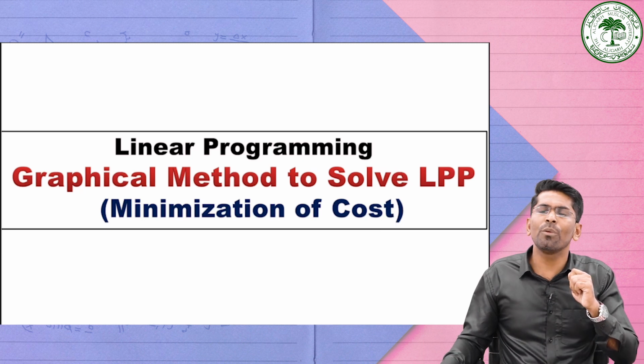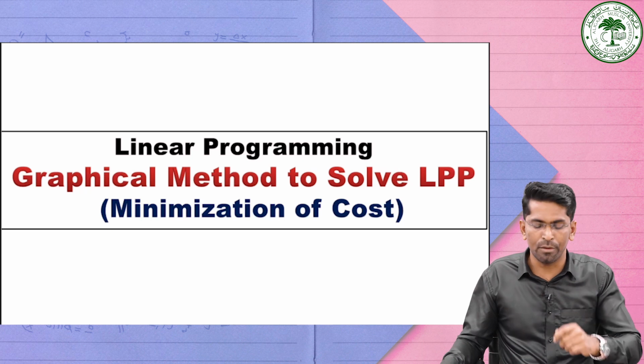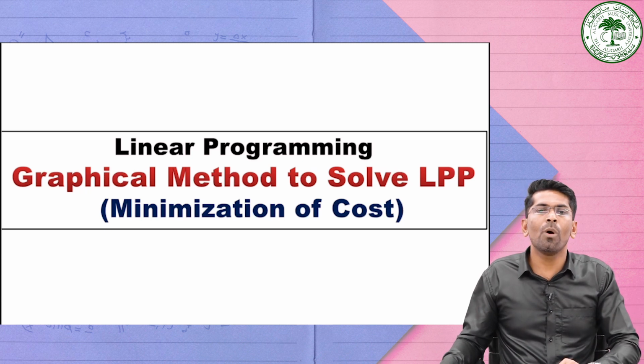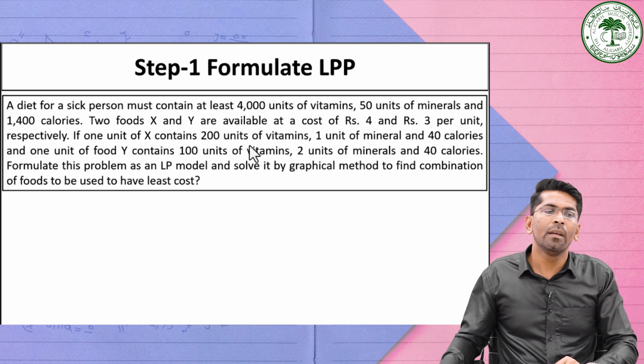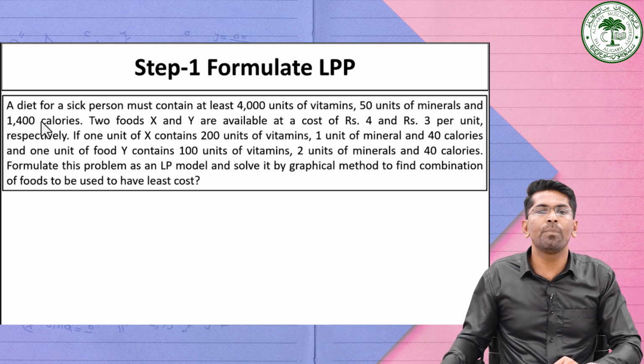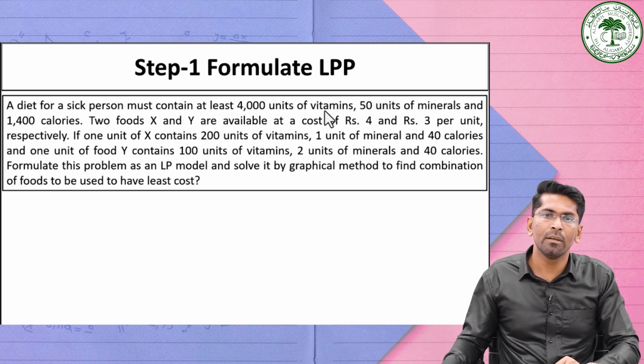First we are going to consider one problem that we are going to convert into mathematical format. The problem that is given here: a diet for the sick person must contain at least 4000 units of vitamin, 50 units of minerals and 1400 calories.